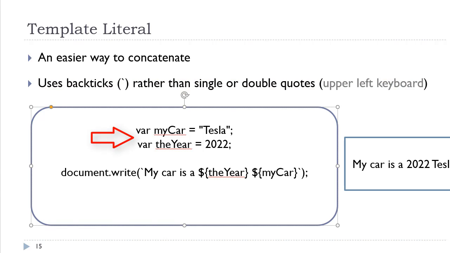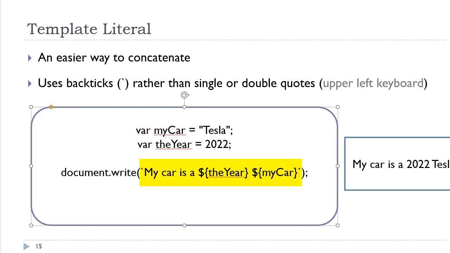So here we have the same example. We have myCar equals Tesla, the year equals 2022, and we want to output the expression, my car is a 2022 Tesla. So in our document.write statement, we place the backtick characters at the beginning and the end of the entire expression. We enclose the variables in curly braces, and we place the $ sign at the beginning of the curly brace.